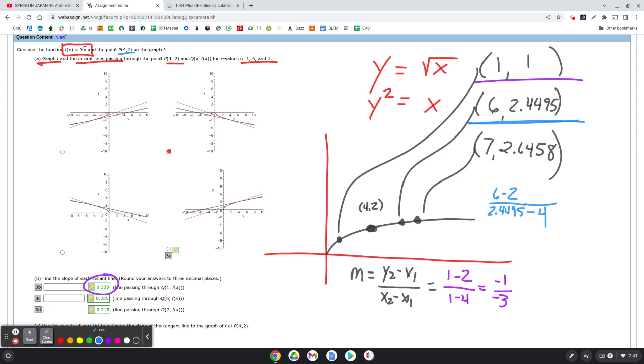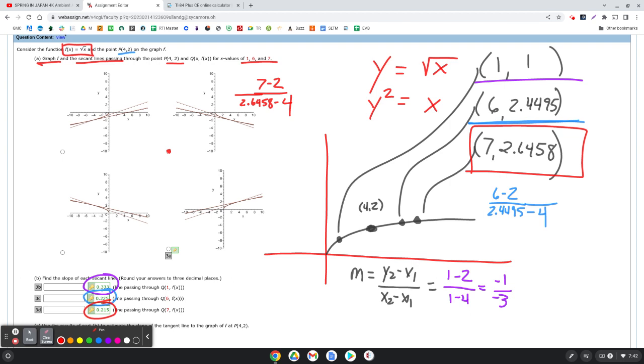And if you put that in your calculator, you get 0.225. And then we would do it again, running out of room. We'd do it again with this one. And that's going to be 7 minus 2 over 2.6458 minus 4 again. Of course. And that gives you that.